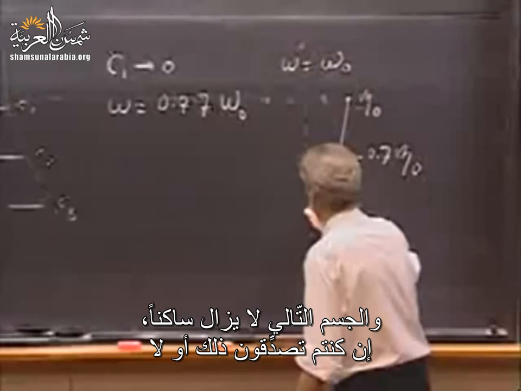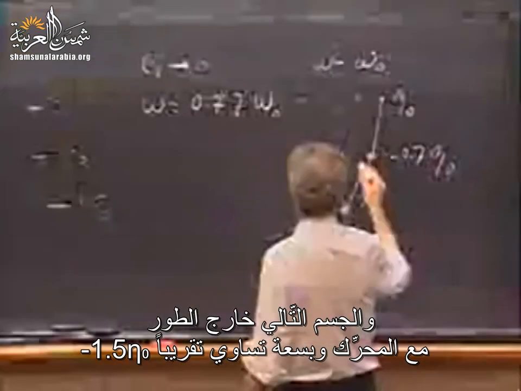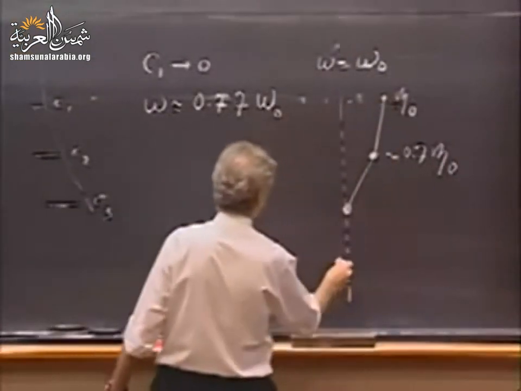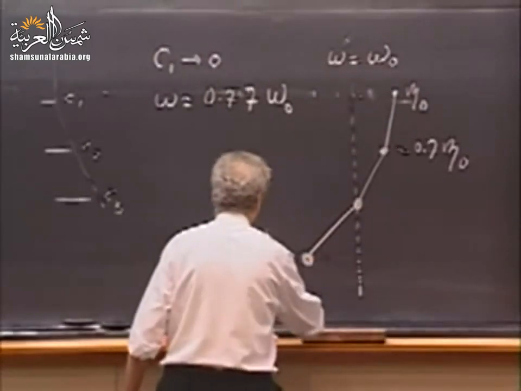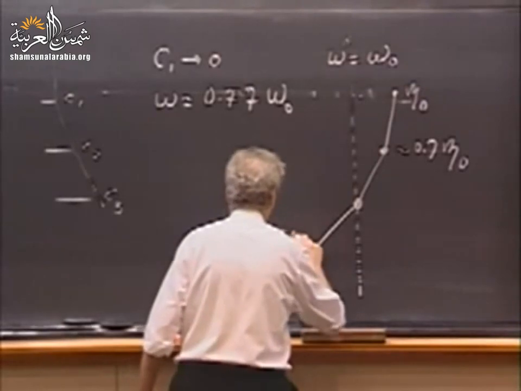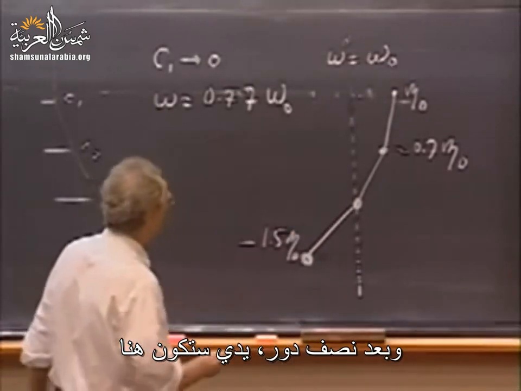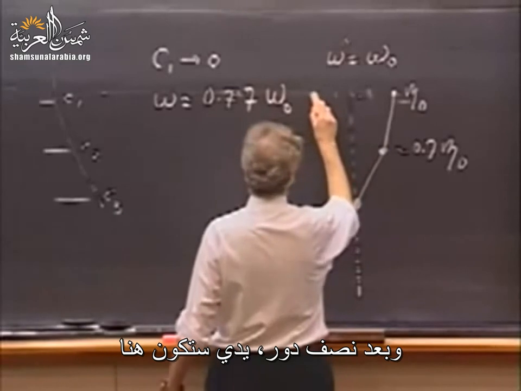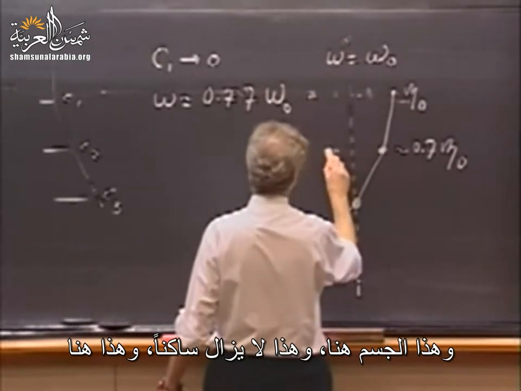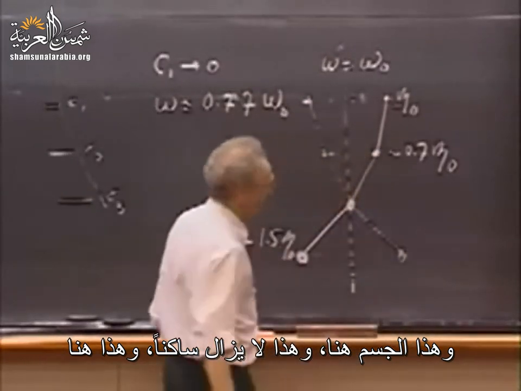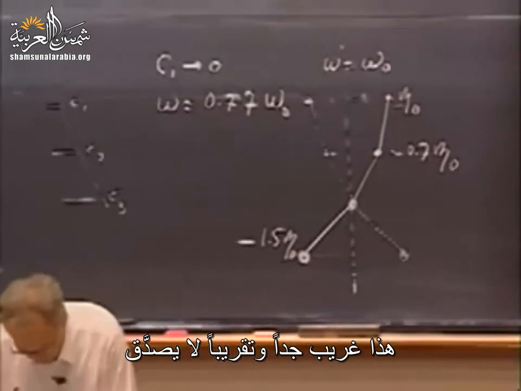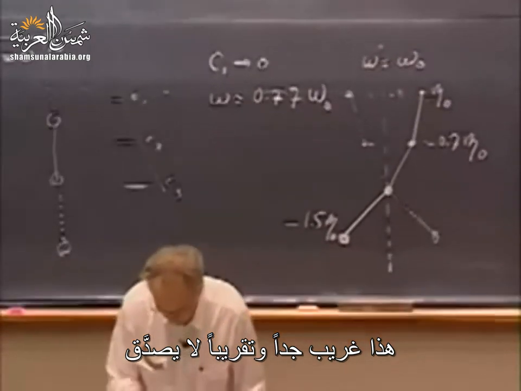It's here. And then the next one is out of phase with me and has roughly an amplitude of 1.5 times this. So that's 1.5. So I call that minus 1.5 times eta 0. And then half a period later, my hand is here, and this object is here, and this one stands still, and this one is here. Truly bizarre and almost not believable.